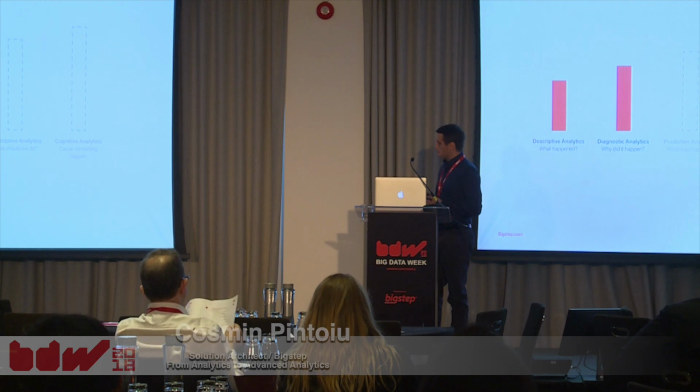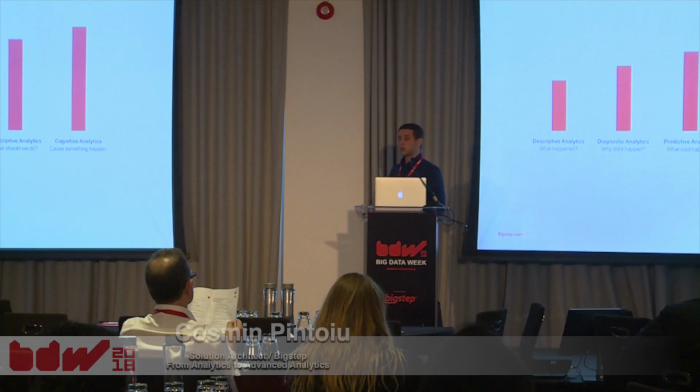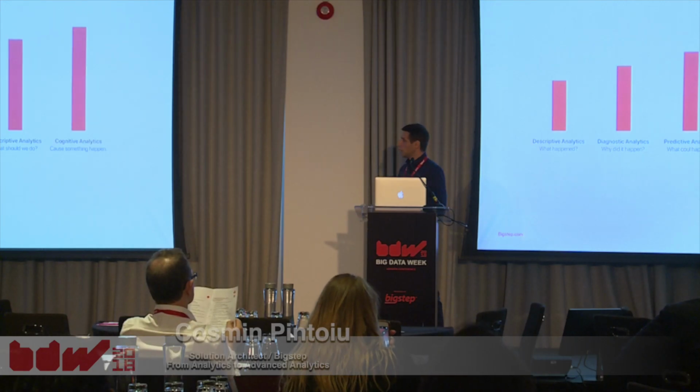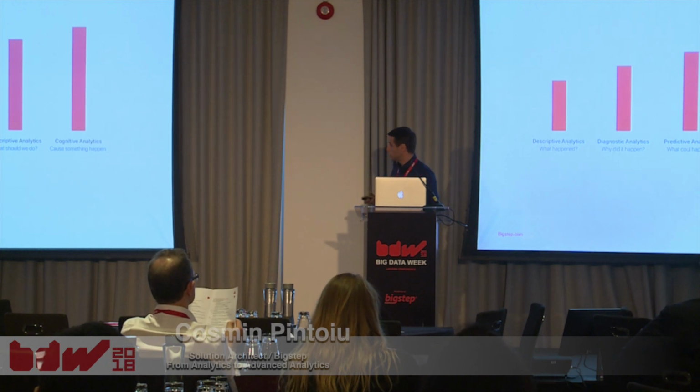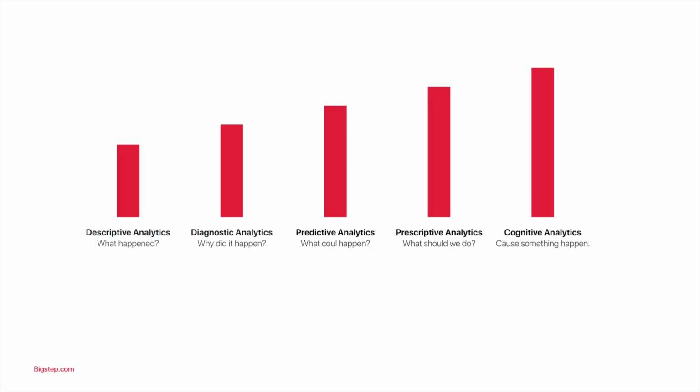And then, if you move forward, we have systems that are trying to answer what could happen and what will happen, which is predictive analytics. Then we have prescriptive analytics: what should we do? And I think I have a typo somewhere. And lastly, cognitive analytics, because something could happen.